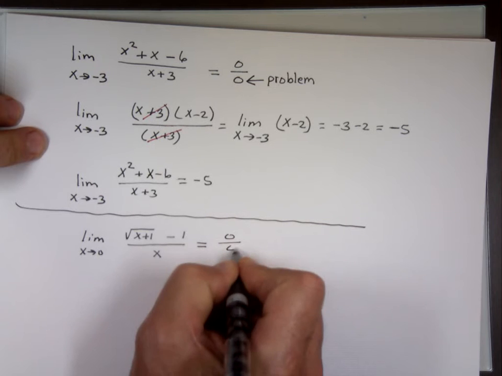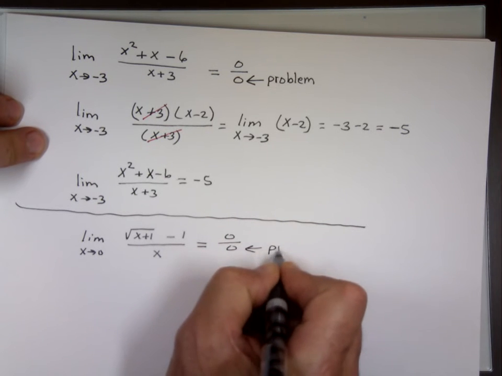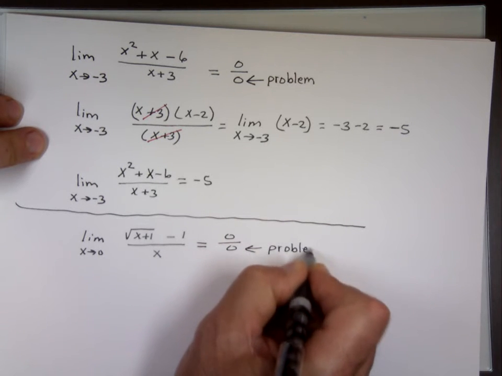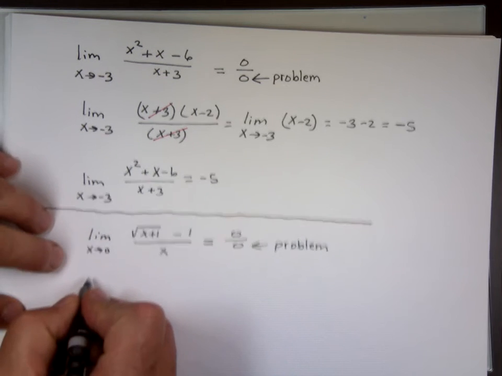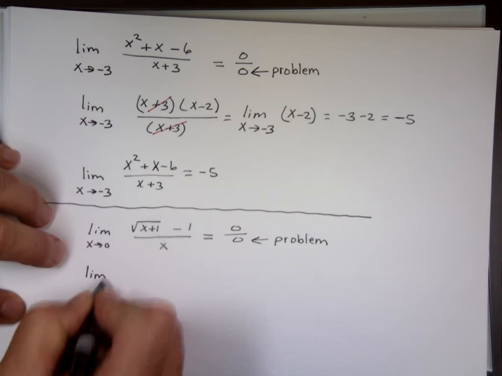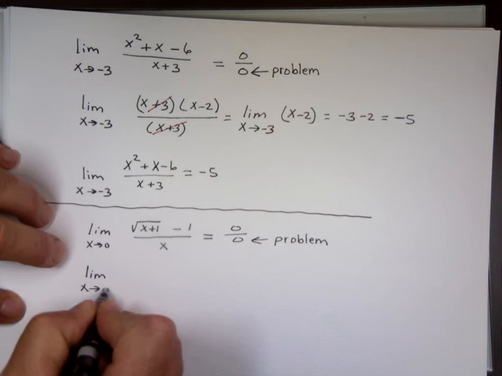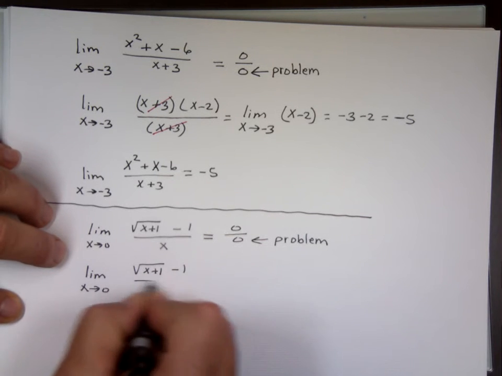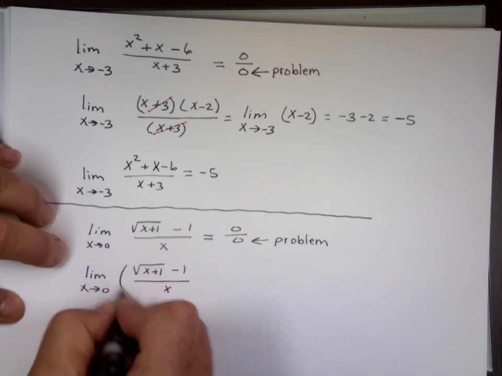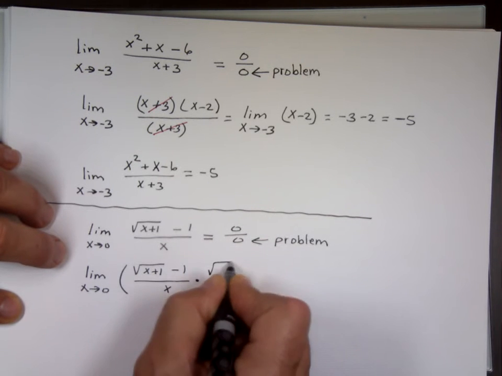Problem. When you have a square root, it's always the conjugate to clean it. That'll be the limit as x approaches 0, but now I'm going to multiply both the top and the bottom by what? The square root of x plus 1 plus 1.